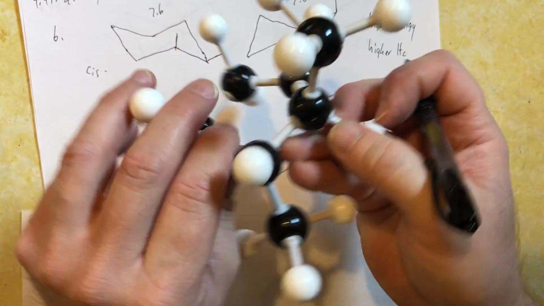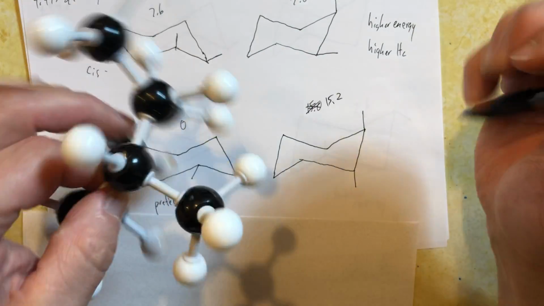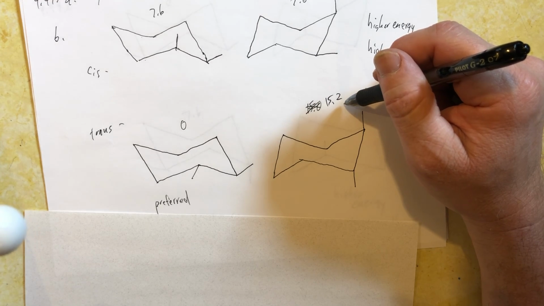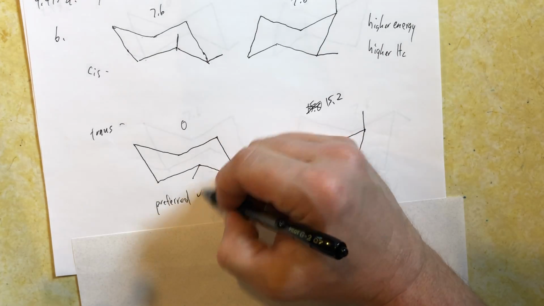This one's interfering up here, this one's interfering down here. That combination is 7.6 plus 7.6 is 15.2, which means out of all these shapes, the one that's most going to be preferred is this one.